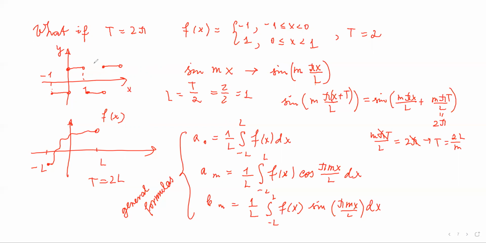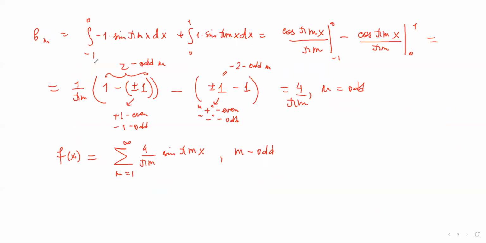So that's very logical to have odd functions represented through odd functions and even functions represented through even functions. Well, there are some functions which are neither odd nor even. They are going to have both sine and cosine, but generally, if your function is even, it's going to have only cosines. If your function is odd, it's going to have only sines.